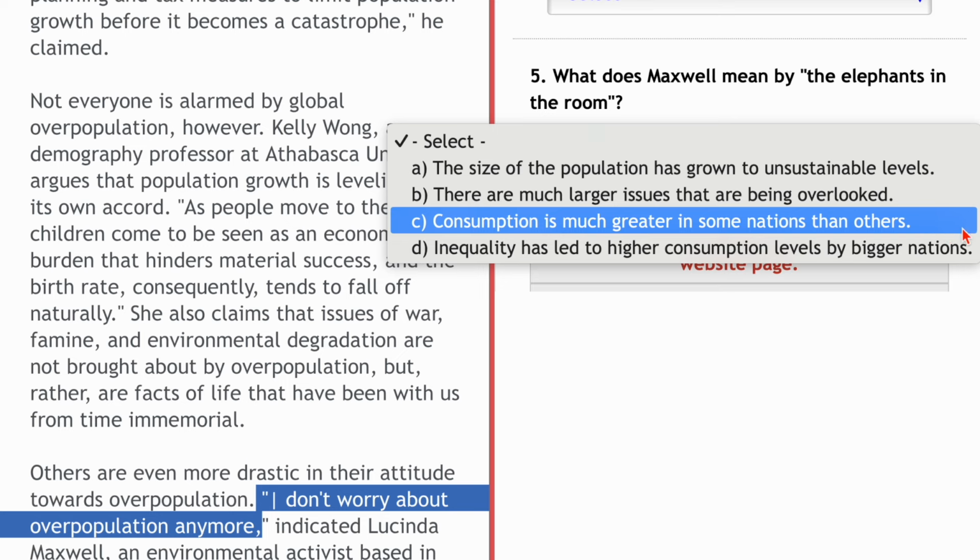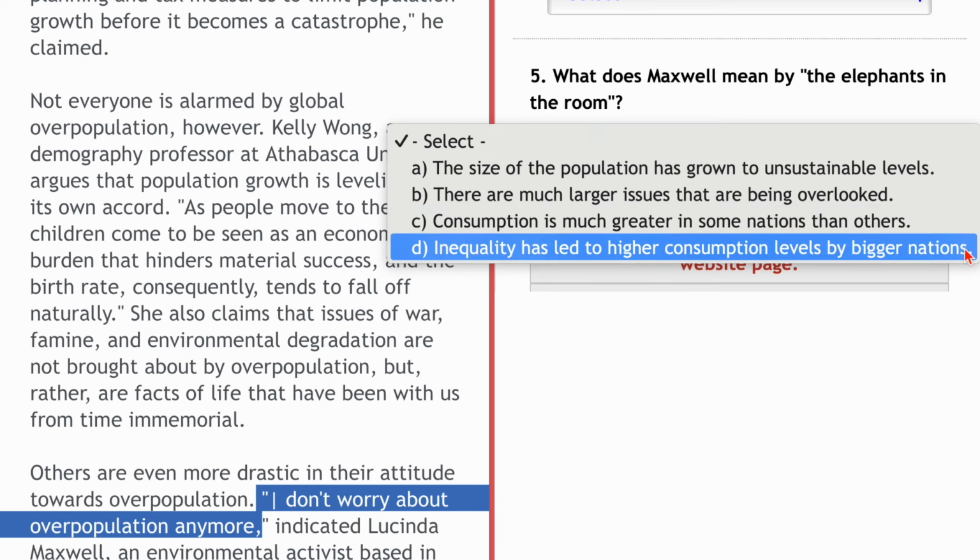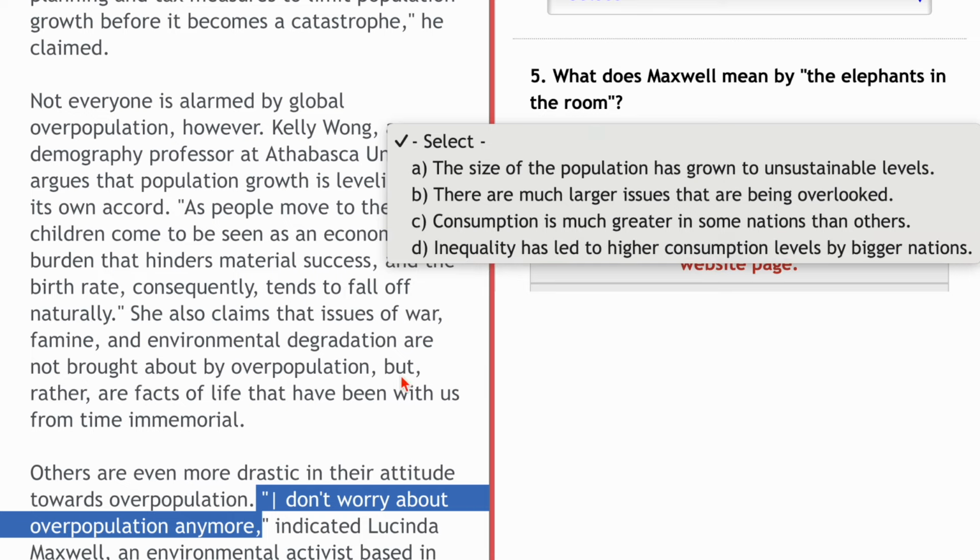I'm going to say also that it's not D: inequality has led to higher consumption levels by bigger nations. The reason it's not D is because she doesn't really focus on inequality in the countries.